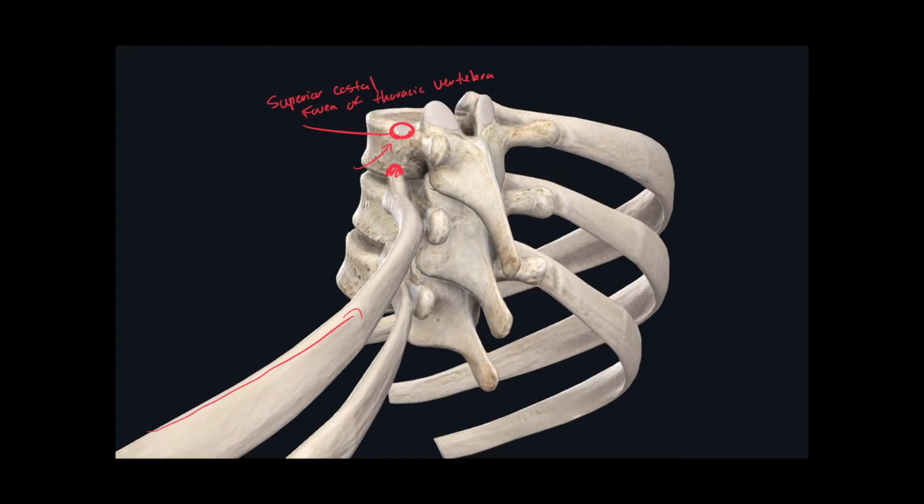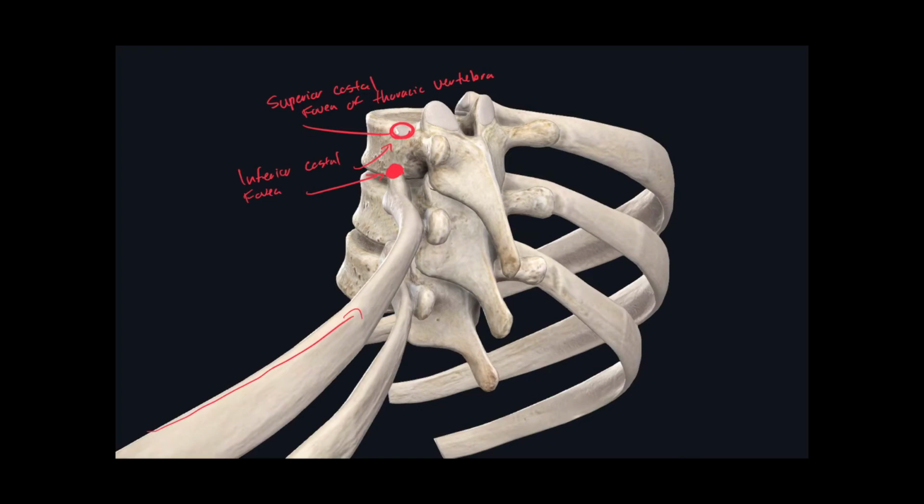There is also an inferior costal fovea of a thoracic vertebra, where I already kind of shaded in. So right there would be the inferior costal fovea of a thoracic vertebra. And these two surfaces are found on both sides of the thoracic vertebra, for the ribs on both sides of the thoracic cage.